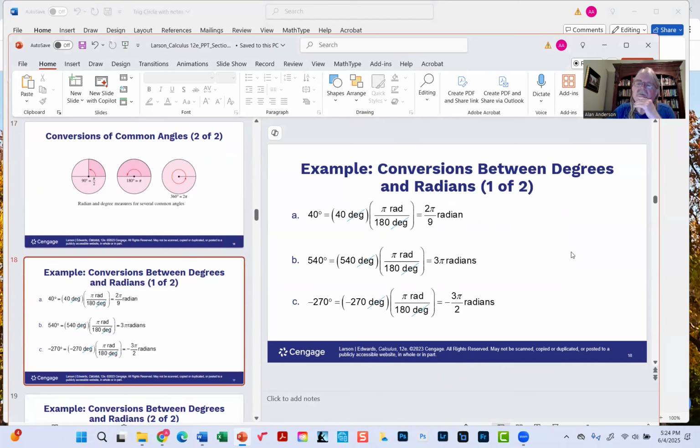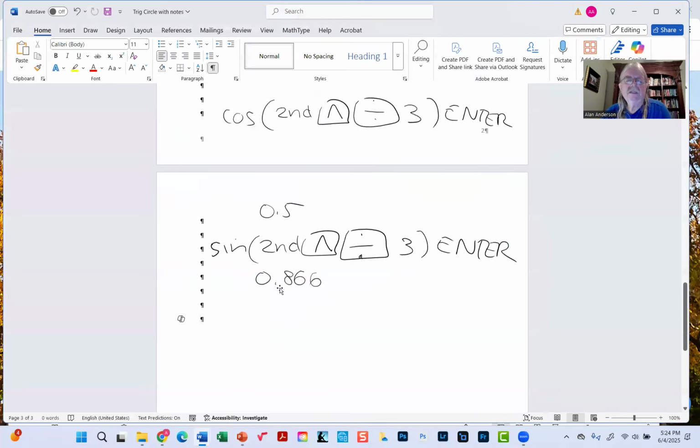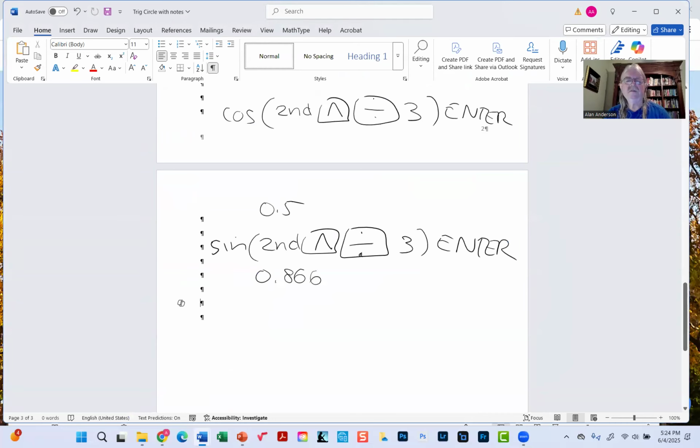Now, how do you go back and forth between the two measurements? It's like I said, it's just like Celsius and Fahrenheit. So here's what you have to do to convert.